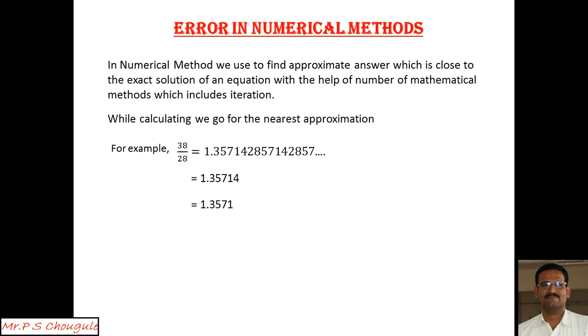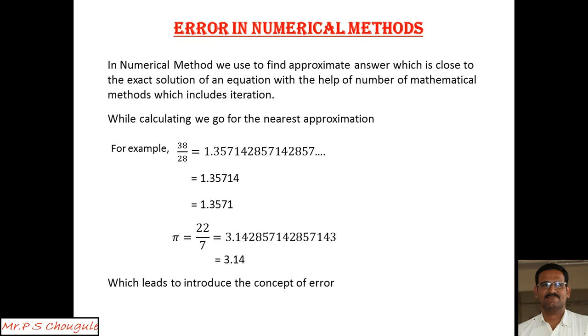Or for example, the value of pi, which is known to us, is equal to 22 divided by 7. If you calculate this, it will come as 3.14285 and so on. But we are always taking it as 3.14. This is the approximate value of pi, and this leads us to introduce the concept of error.